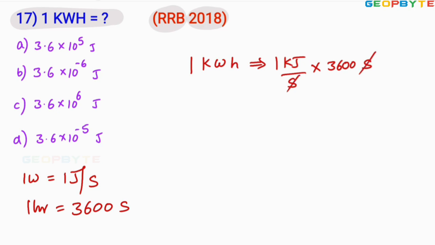This second cancelled. Finally, 1 kilowatt hour is equal to 3600 kilojoules.